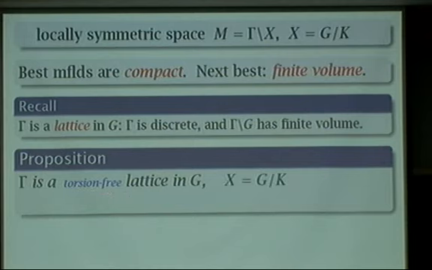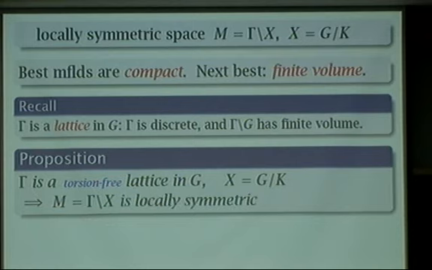But if gamma is a lattice in G, and you construct the symmetric space corresponding to G, let X be G mod K, then if we take X mod gamma, that's going to be some manifold. In fact, it's easy to see it's locally symmetric. That's the definition of locally symmetric. The universal cover of this is X. But the key is, if G mod gamma has finite volume, then X mod gamma will also have finite volume. So this will be a nice locally symmetric space. It's a locally symmetric space of finite volume.